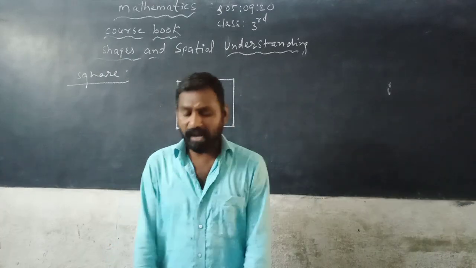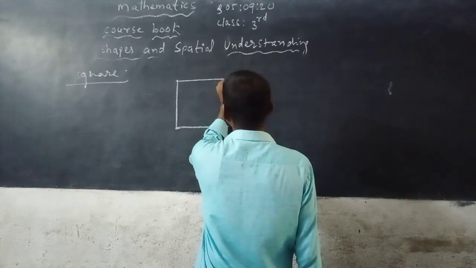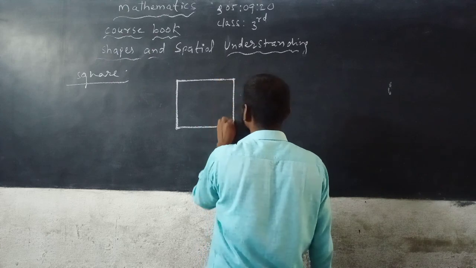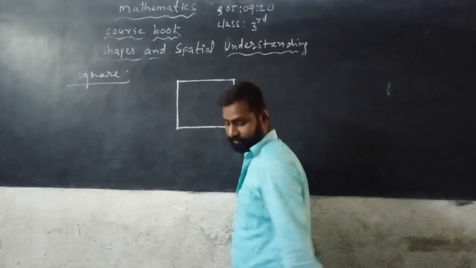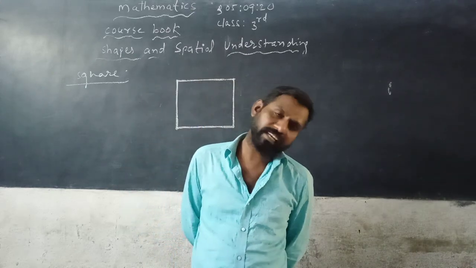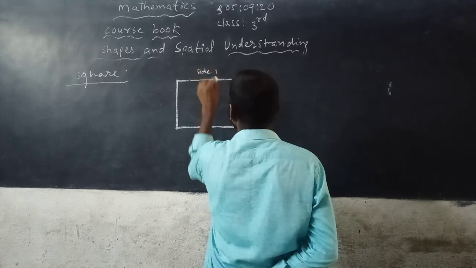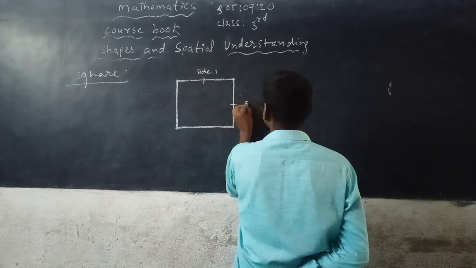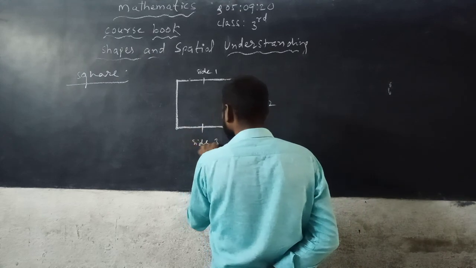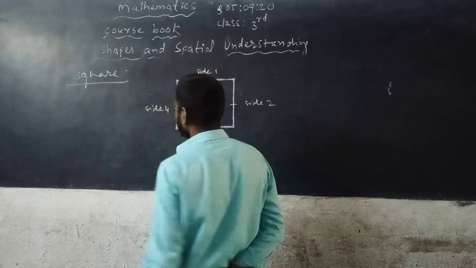All the 4 sides of a square are equal in length. Both of the diagonals of a square are also equal. See here, this is side 1, this is side 2, this is side 3, this is side 4.